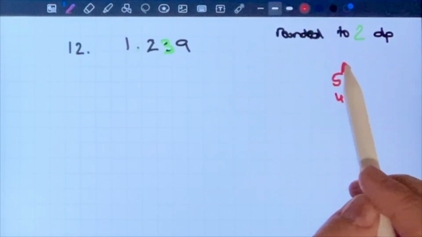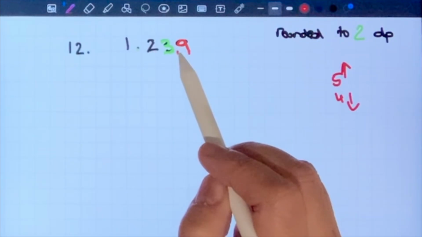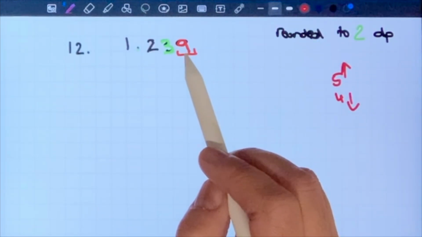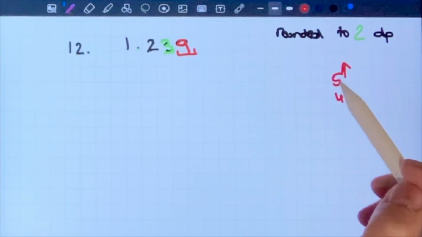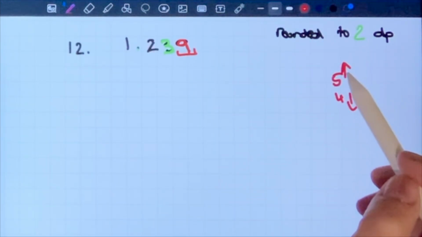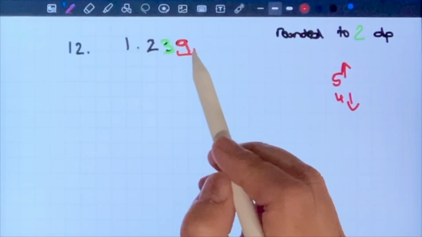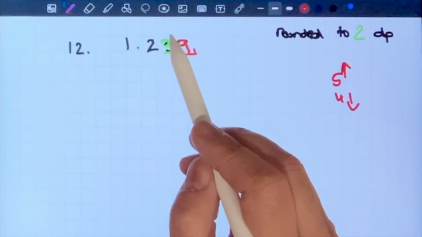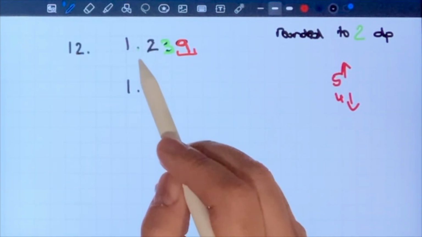Next step is to identify the critical digit immediately to its right, and we can see that it is a 9. 9 falls in the category of numbers that get rounded up. So this number is going to get rounded up. And so my answer is going to be 1.239.